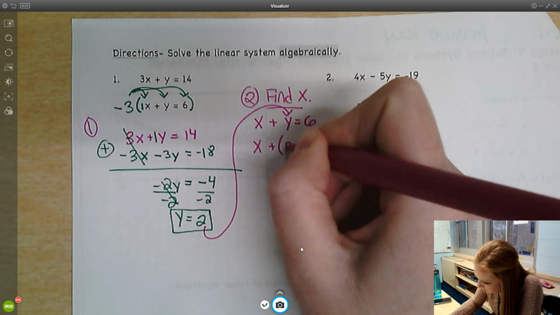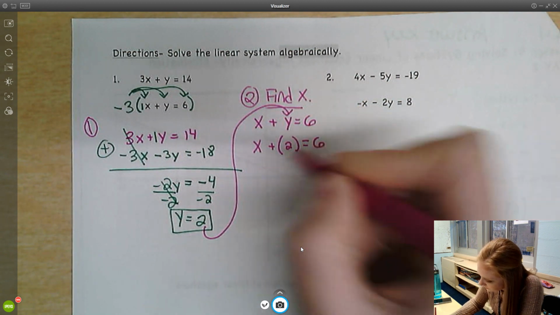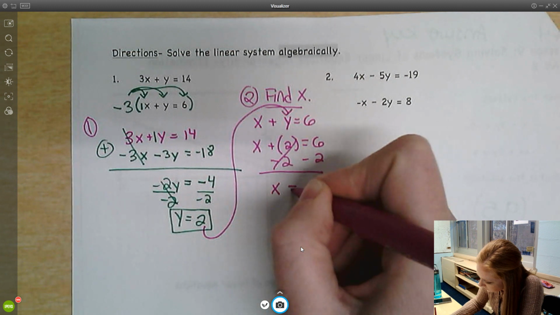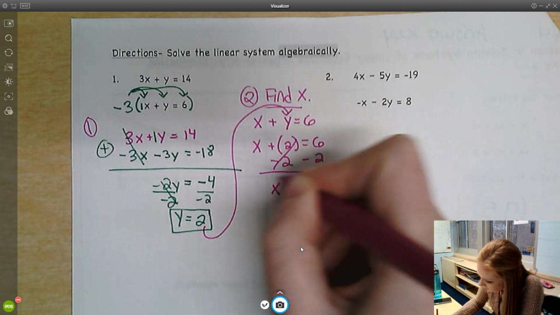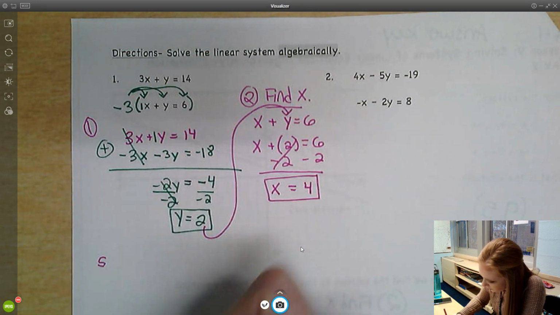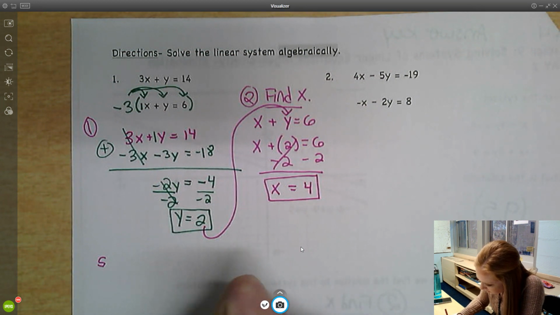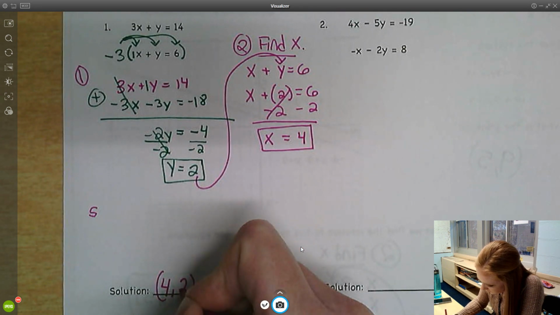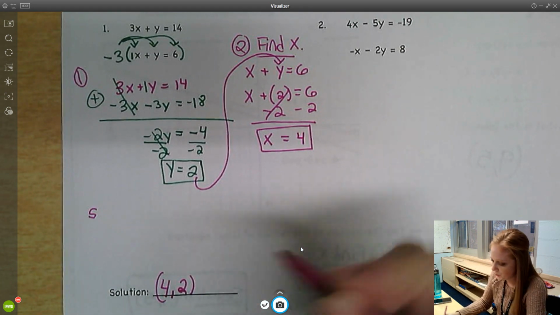So that means x plus 2 equals 6, minus 2 on both sides. X equals 4. Our solution, we can write that down here, is 4, 2.